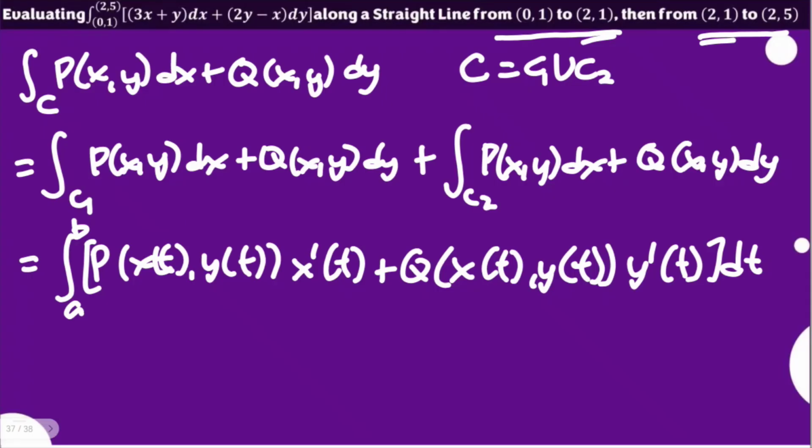But there will be two versions. One version will be for c sub 1, another version will be for c sub 2. So we'll have two sets of a's, b's, and then x of t's, y of t's, and their corresponding derivatives.